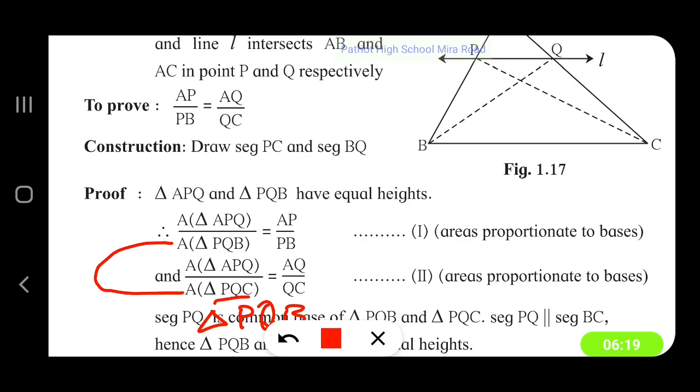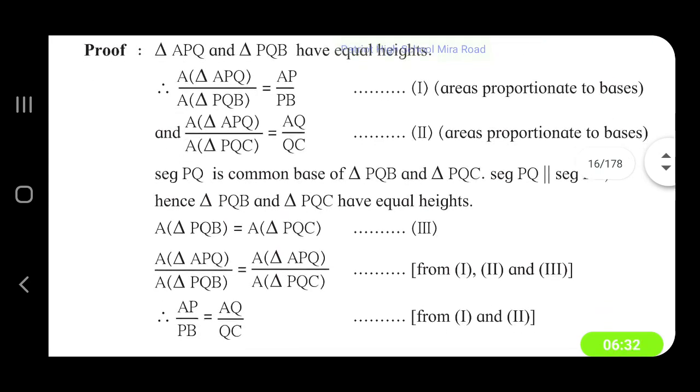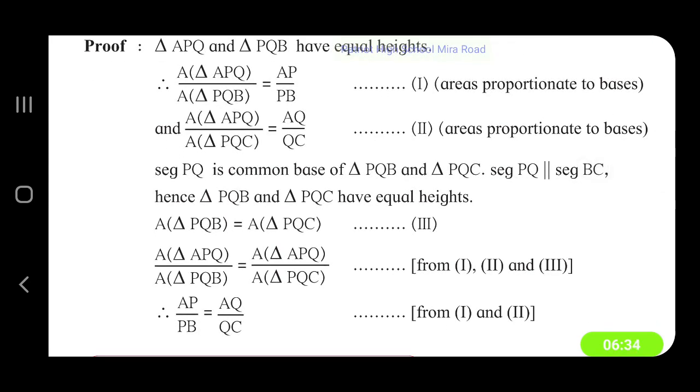Therefore, we can say that the right hand side is also equal. Therefore, AP upon PB is equal to AQ upon QC.